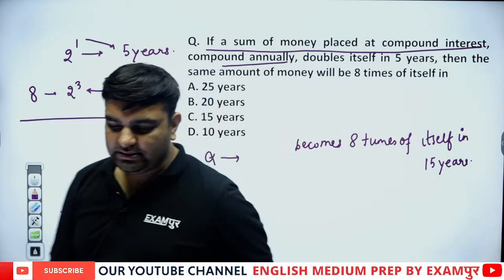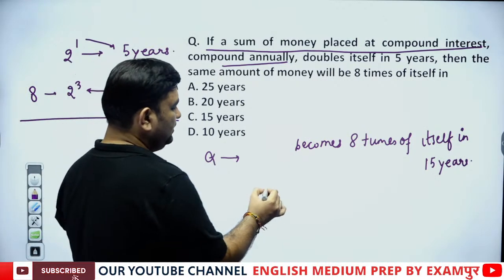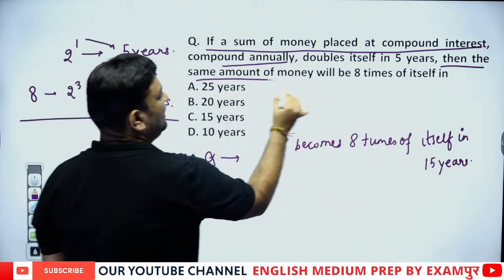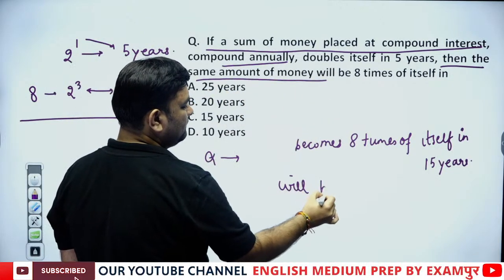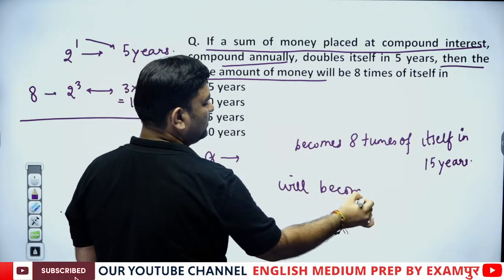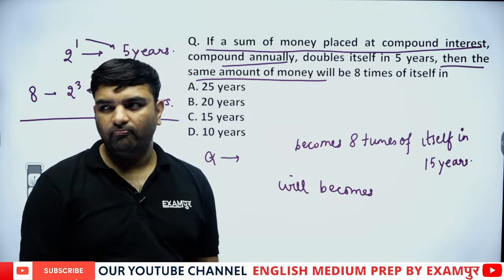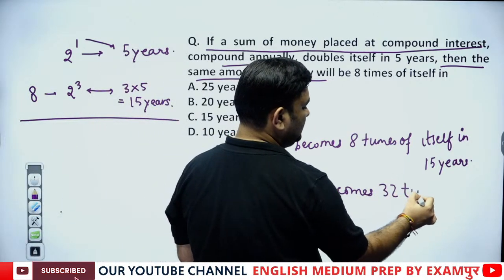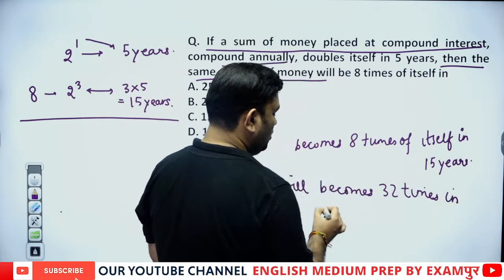Then the same amount of money will become 32 times in how many years?